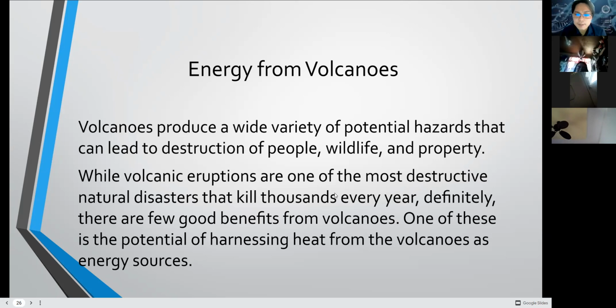A bit. Energy cannot be created nor destroyed. You cannot create energy and you cannot destroy energy, but you can convert it from one form to another. So if this is a great energy, because this is heat energy and chemical energy, you can always convert this to another form of energy.